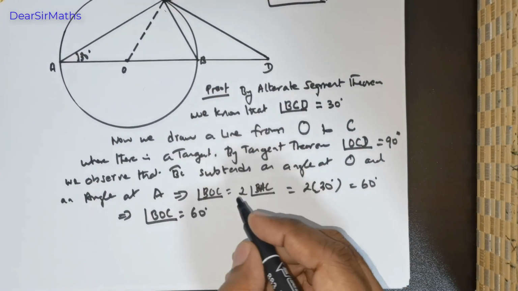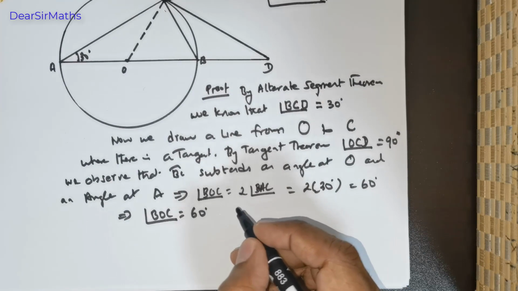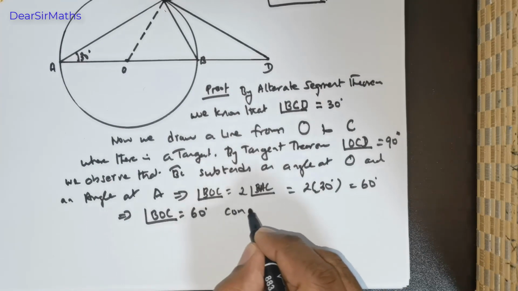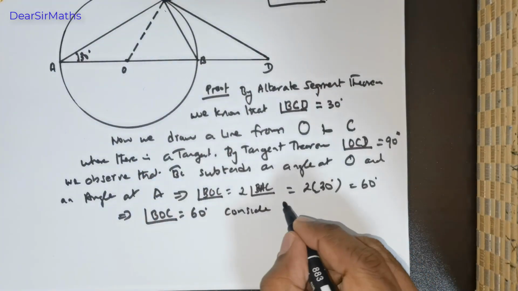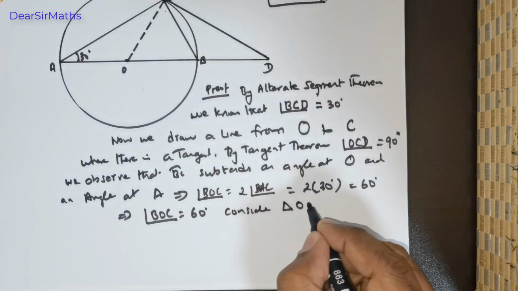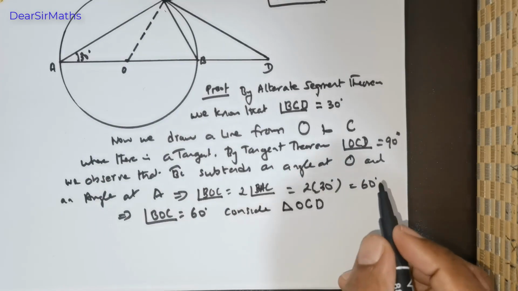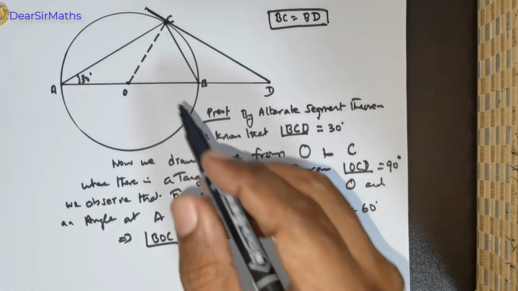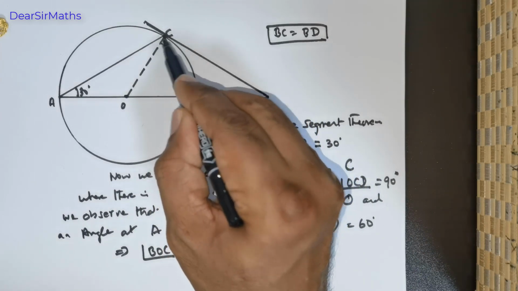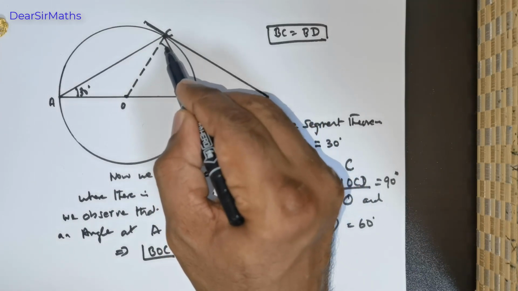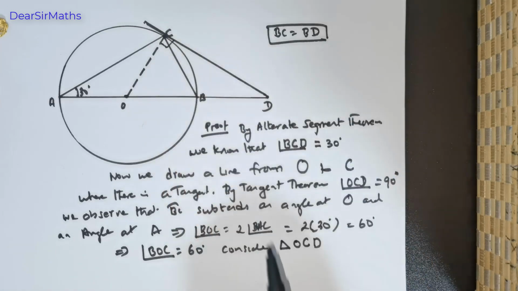So what I'm going to do is, I'm going to consider triangle OCD. Now why did I say consider triangle OCD? Because there is a right triangle here, right? Let me draw that. There's a right triangle here.